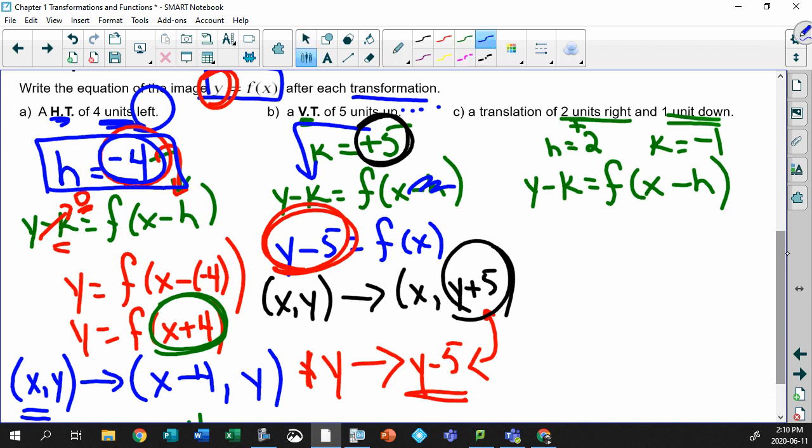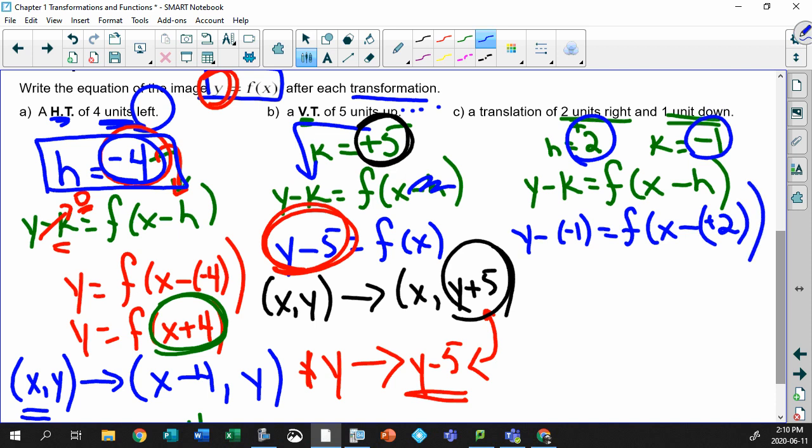Here comes the k, which is -1. So this is y minus -1 equals f of x minus a positive 2. There's the substitution that you made. Clean it up. This becomes y plus 1 equals f of x minus 2.